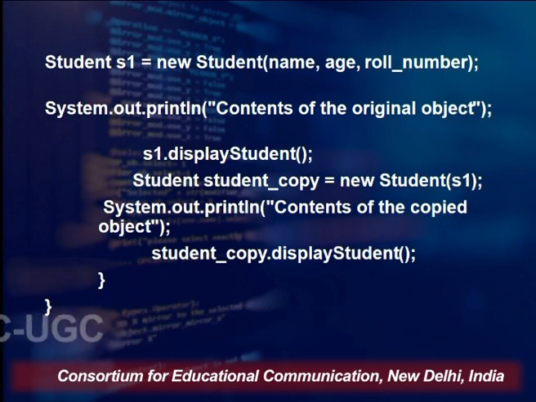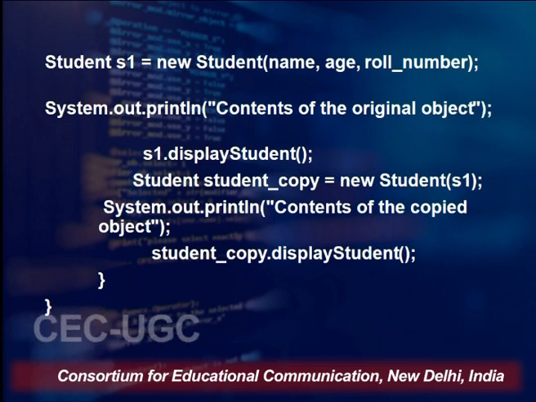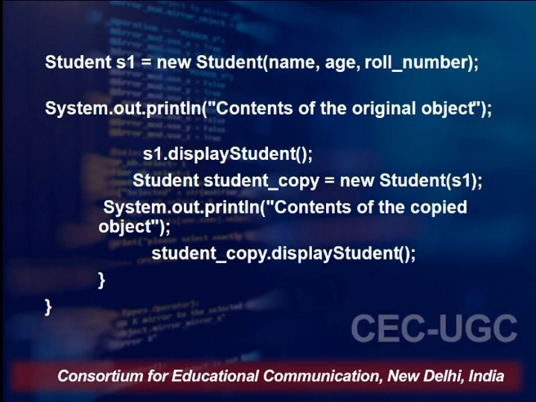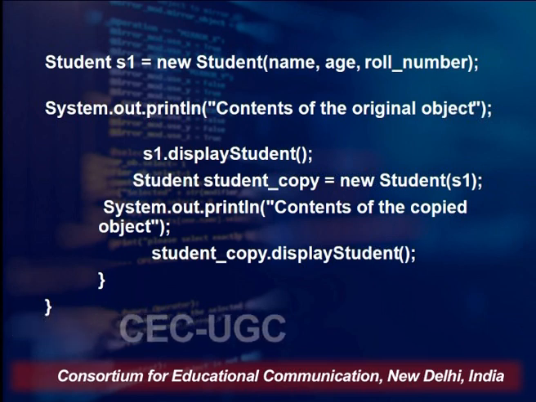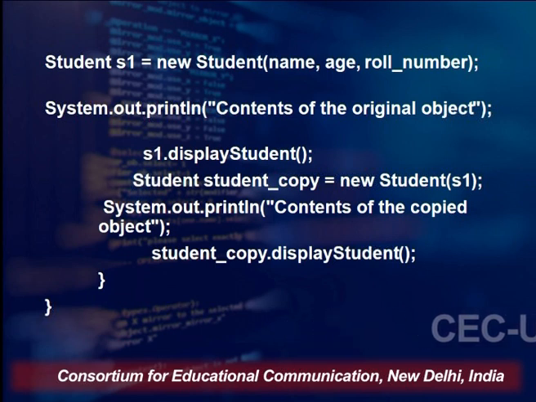If we run this program, the output we are going to have is, first as per this main function, it will ask for the name, then it will ask for the roll number, and then it will ask for the age. Then after creation of the object named S1, which I am calling the original object, the contents of this original object will be printed on the screen using the functionality of displayStudent.